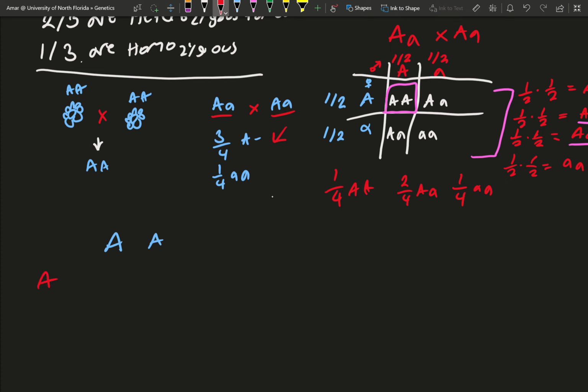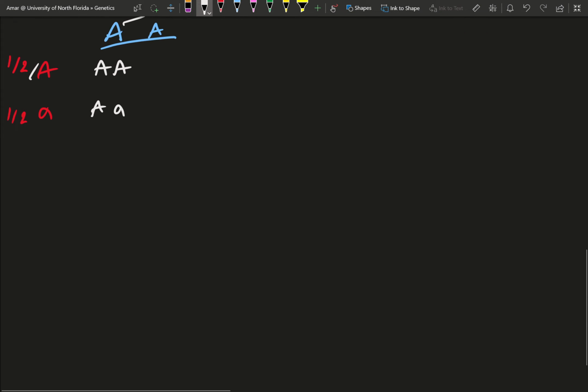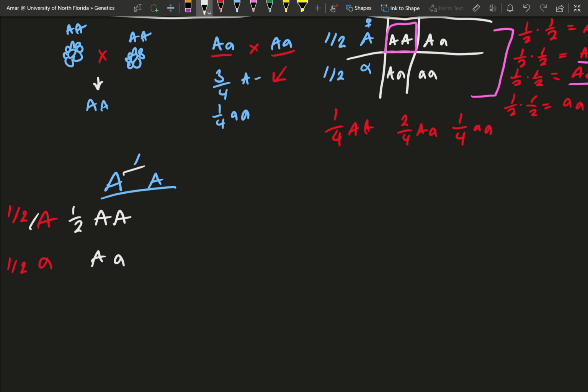big A little a. So to get big A from this individual is 1/2. To get little a is also 1/2. To get big A from this parent, it's all just big A, right? So to get big A from this cross and to get big A little a, 1/2 times 1 would be 1/2 big A, and 1/2 big A little a.